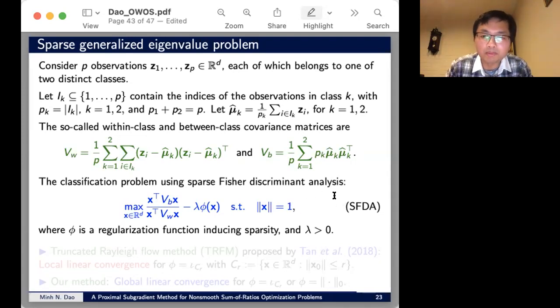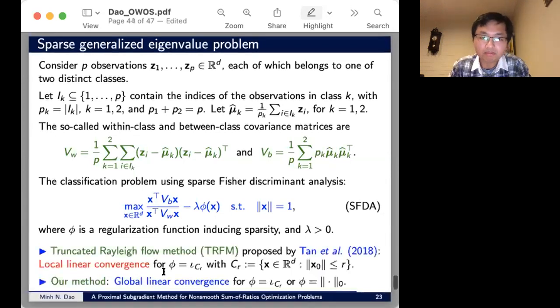And we call this problem SFDA. SFDA stands for sparse Fisher discriminant analysis. And here the function phi is a regularization function that induces sparsity.